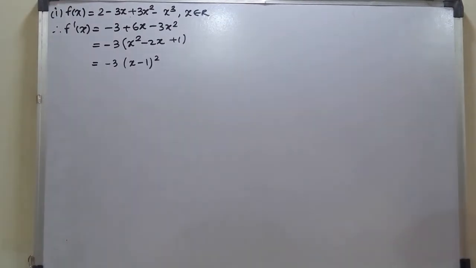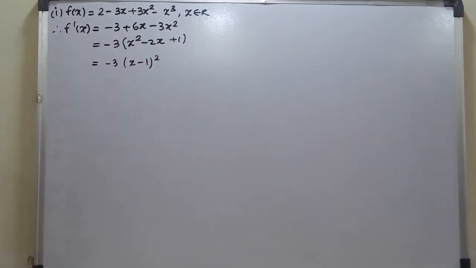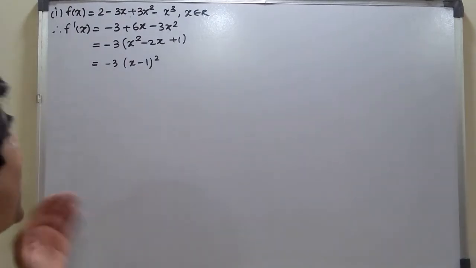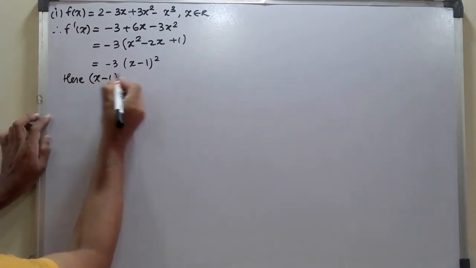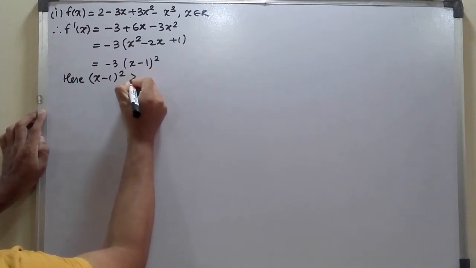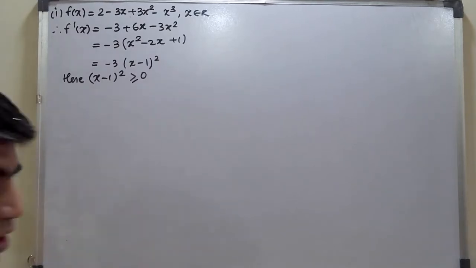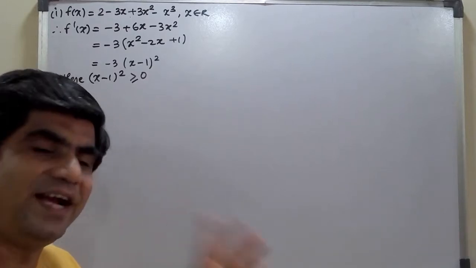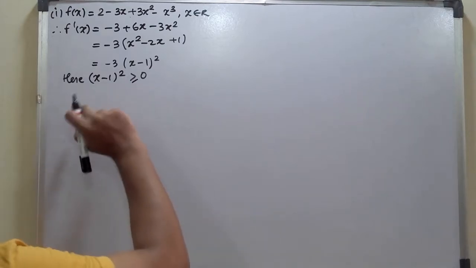Now, if I get x minus 1 the whole square, what do I tell myself? I tell myself that x minus 1 the whole square is always greater than or equal to 0. So either it will be 0 or greater than 0.